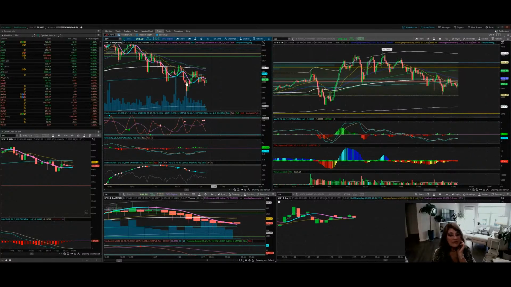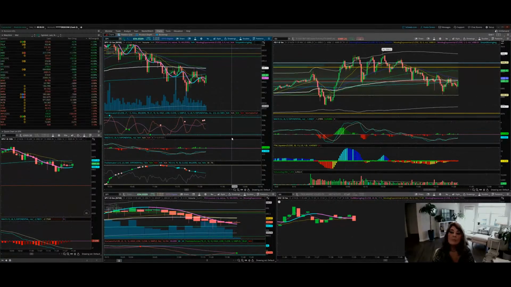So we either want to see a drop below this low or a push over the VWAP. All right, there's that little push there. See how they kind of, I call it inducement.